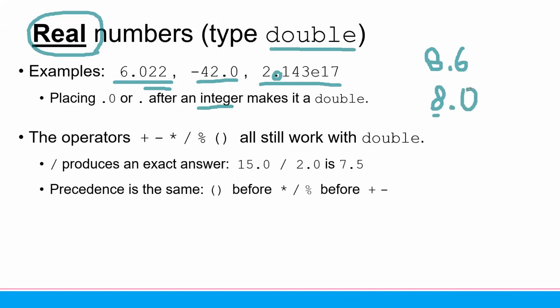Then it automatically becomes a double. The operators like plus, minus, multiply, division, remainder, and the parenthesis all still work with double. The difference is only we can have the exact answer.